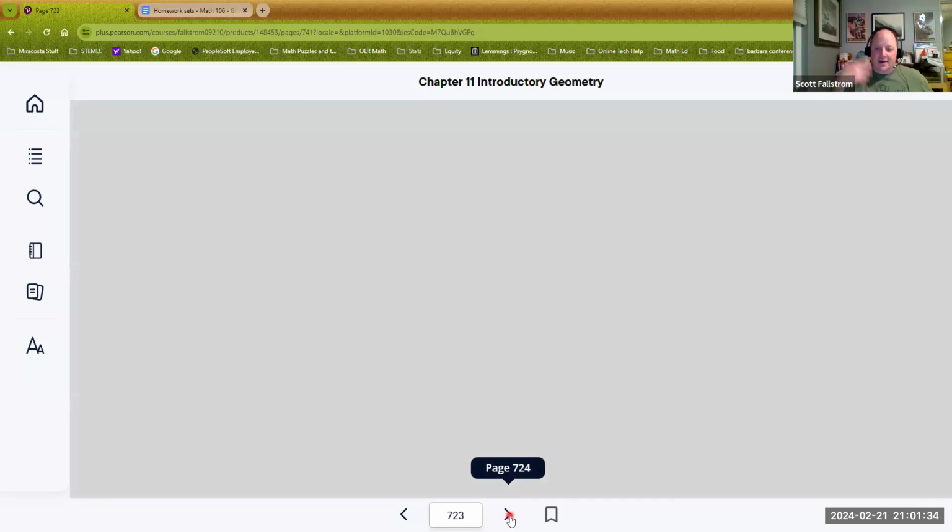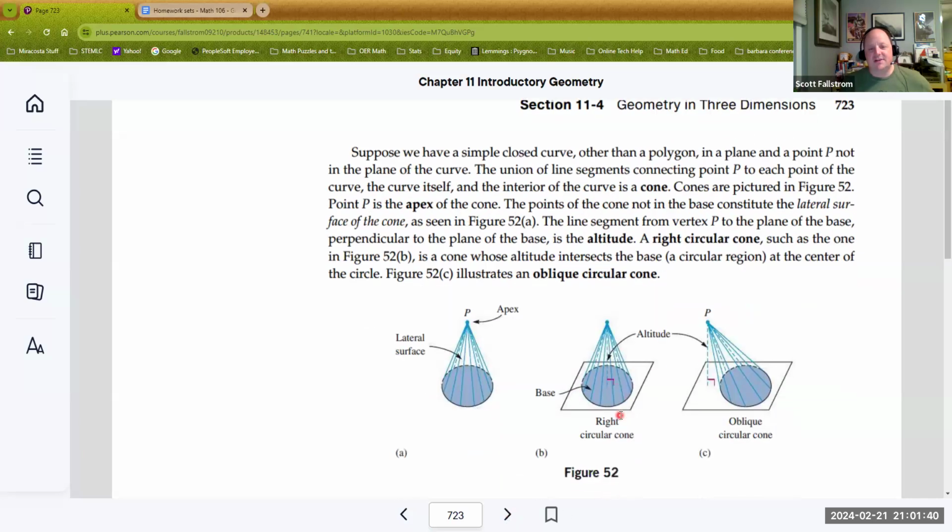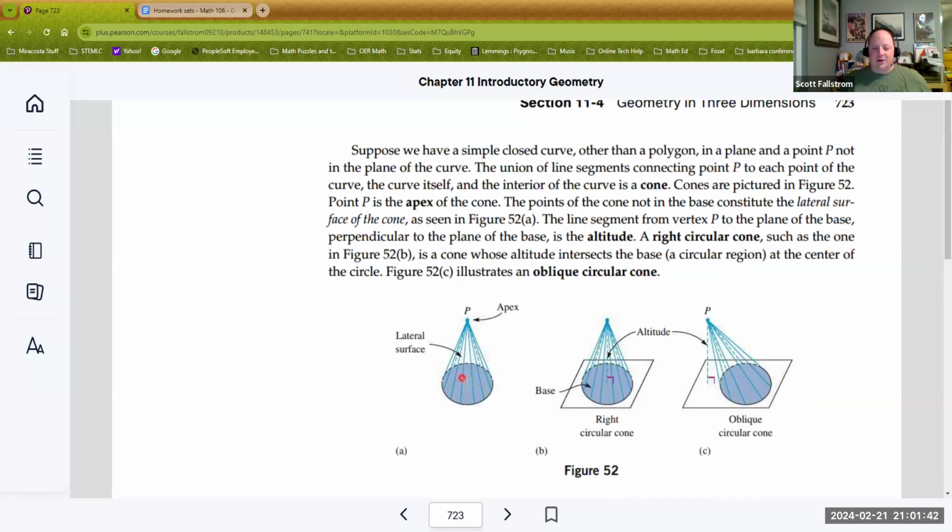Since we have a connection between a prism and a cylinder, we'll do the same thing with the next shape, which is a cone. The cone usually has a circle for the base, and then every point on the outside connects up to the apex.